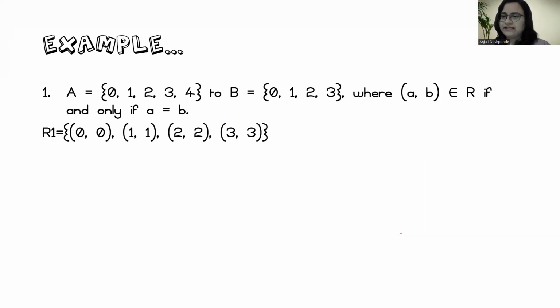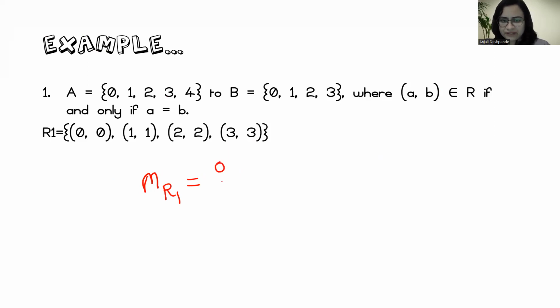Now, let's see an example to understand how to represent a given relation using matrix. You are given two sets A and B and the relation R1. So I have to represent R1 in matrix form. So my resultant matrix MR1 will have the rows corresponding to the first set.